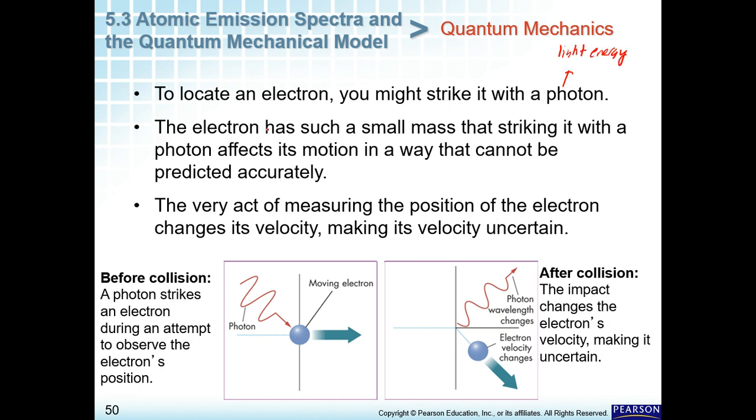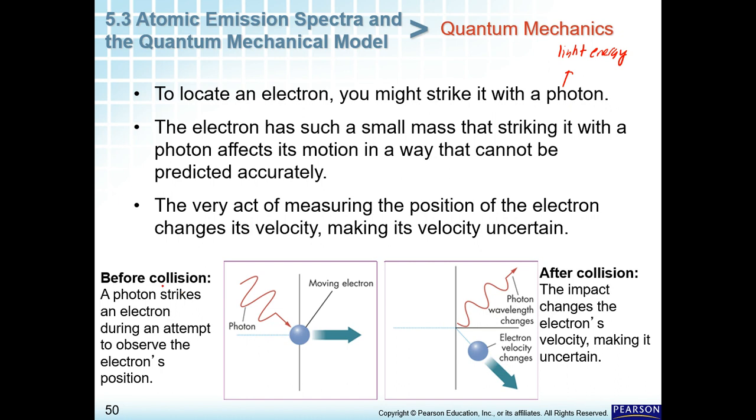Now, an electron has such a small mass that striking it with this energy affects its motion, and it can cause it to move in a completely unpredictable direction and speed. And so the very act of figuring out where an electron is located changes its speed, making now its velocity uncertain and its location uncertain.